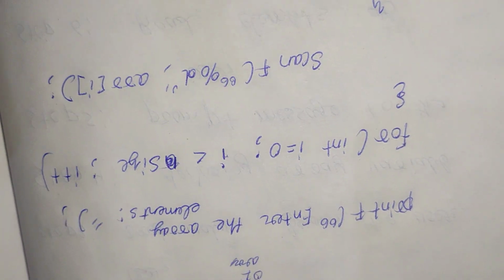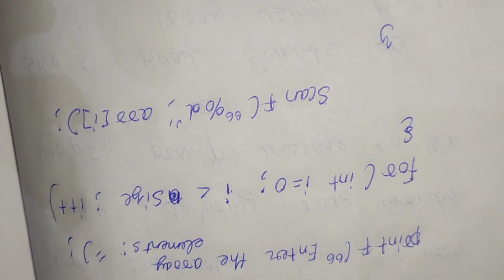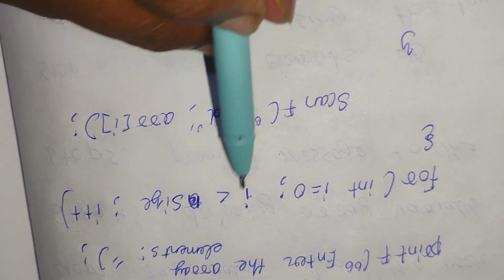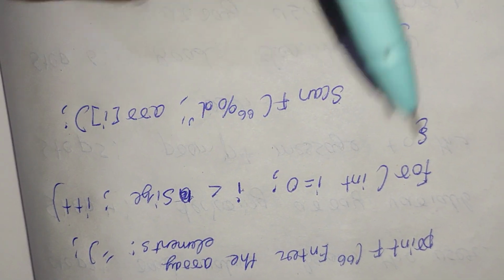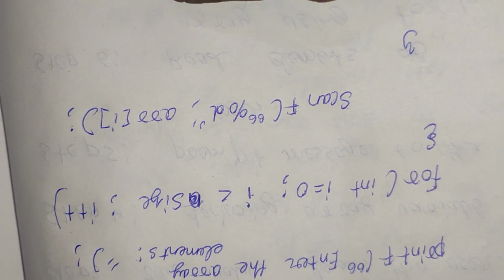So if it is an array, a for loop needs to come to your mind. For all operations on arrays, a for loop must be used. Until this condition returns false, this scanf function will execute again and again.